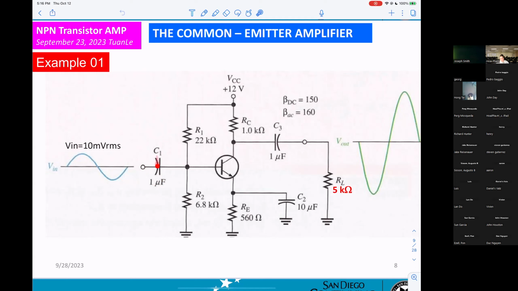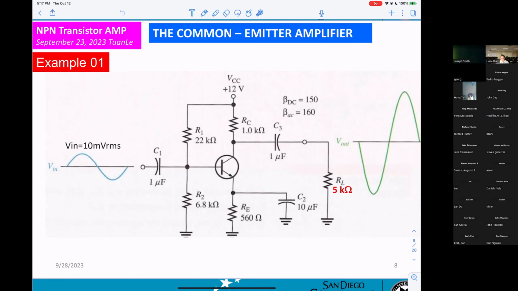So this capacitor blocks any DC from the input, but lets AC come into the base. So at the base, you will get two signals. If you look on the scope, you can see the DC voltage VB and also this sine wave.